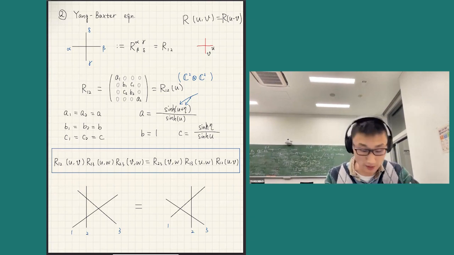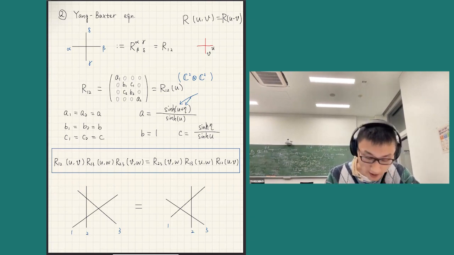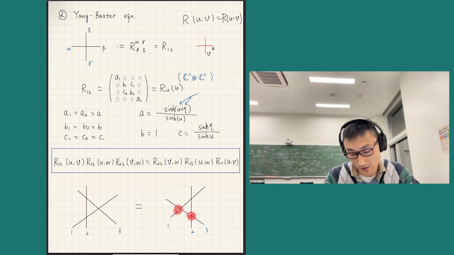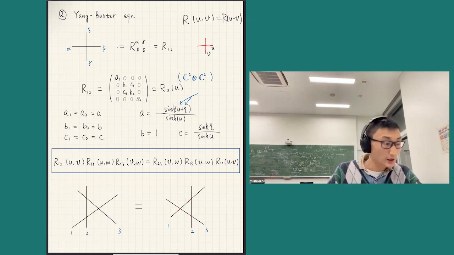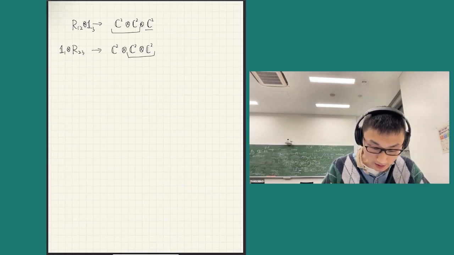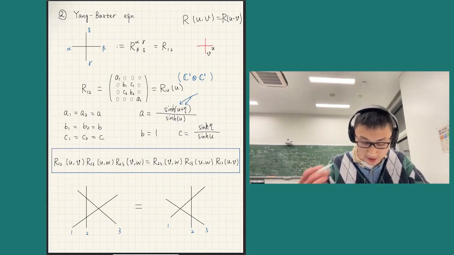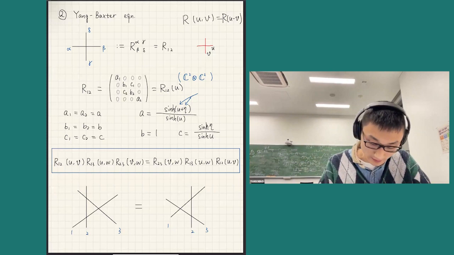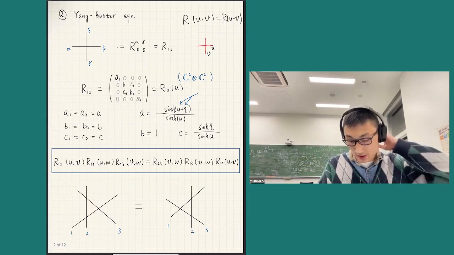So there's no particle creation, and moreover, the scattering 12, 13, 23 is the same as 23, 13, 12. Essentially, this is the physical meaning of the R matrix.